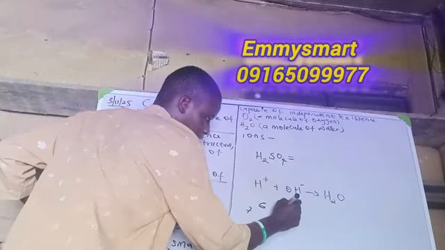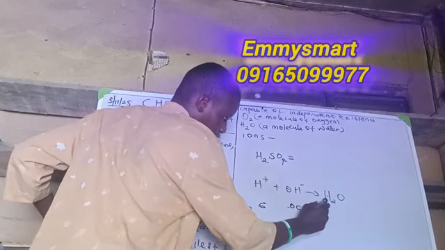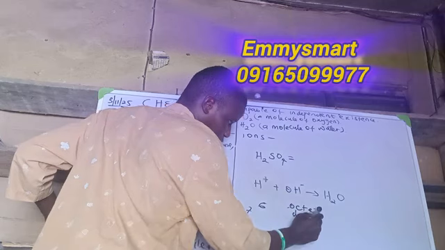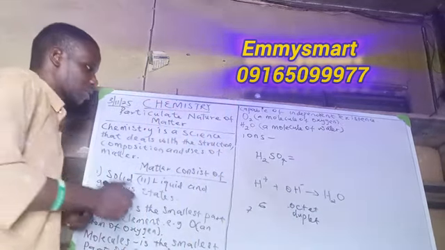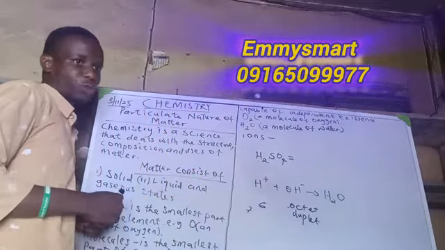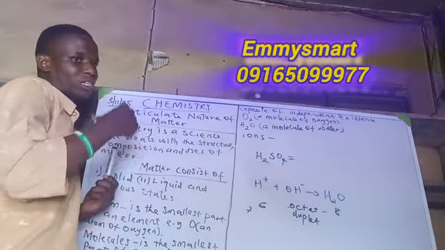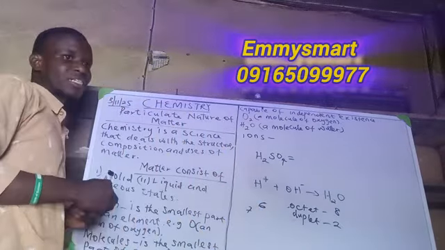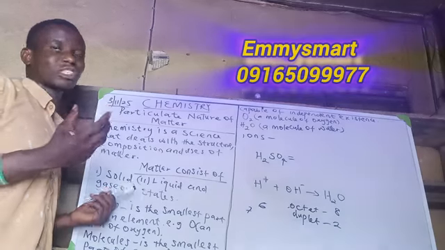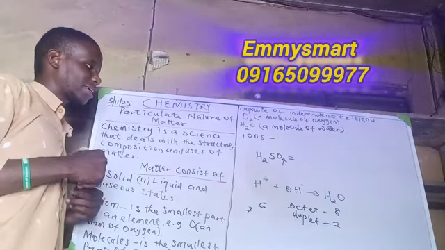Remember when we talked about the octet and duplet structure? The octet structure means it must have 8 electrons in its outermost shell. The duplet structure means 2 electrons in its outermost shell, most times in the innermost shell for some elements.